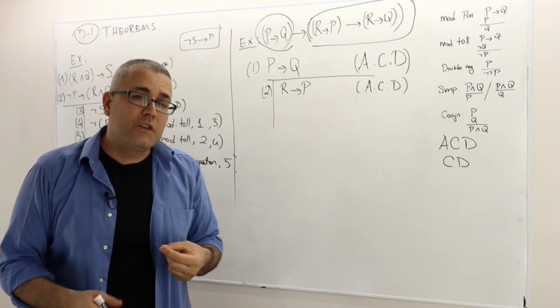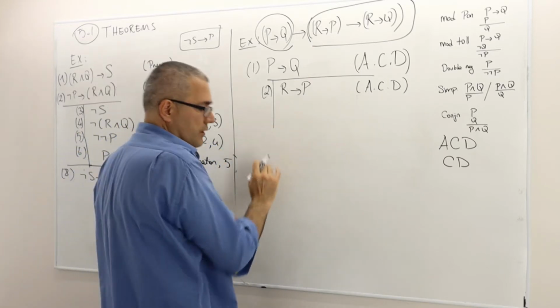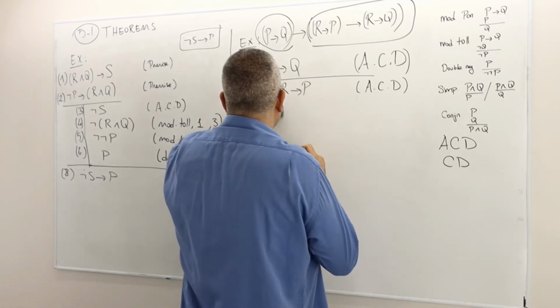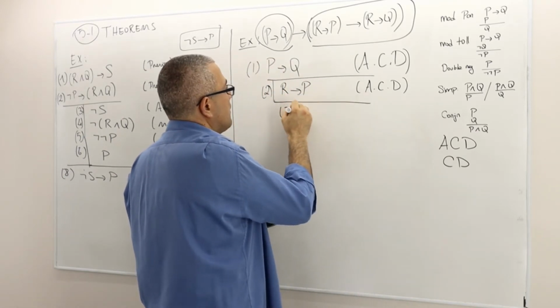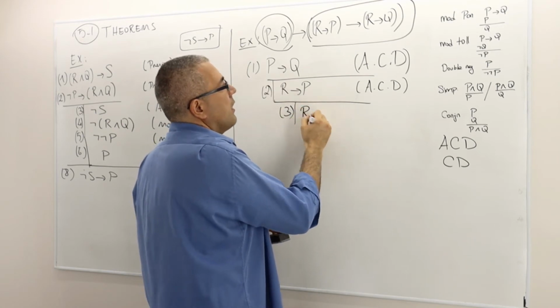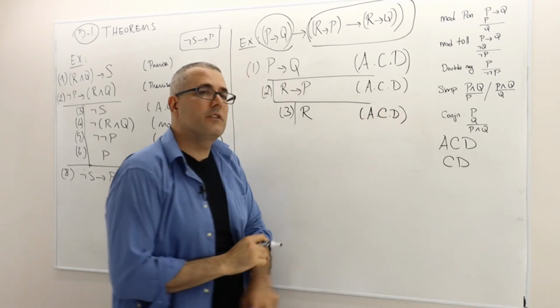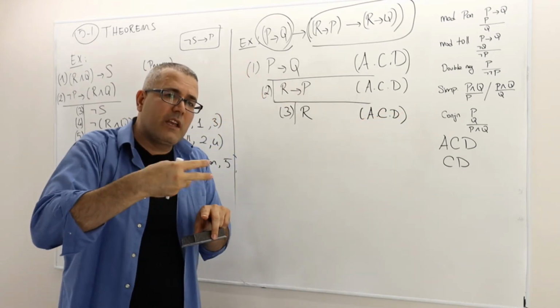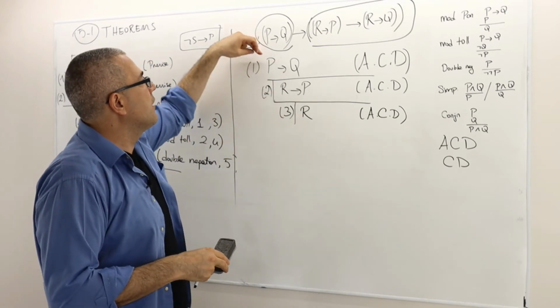But R implies Q is another conditional statement. So therefore, I have to open another box and assume R. So this is assumption for conditional derivation. So I make 3 assumptions consecutively.